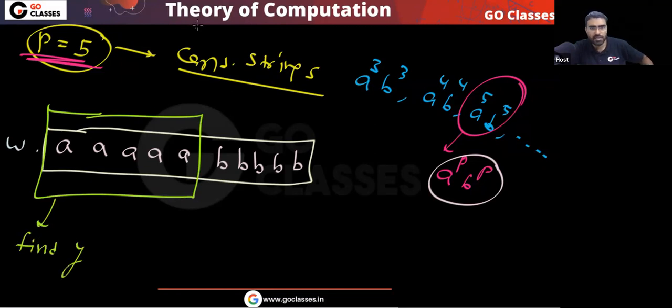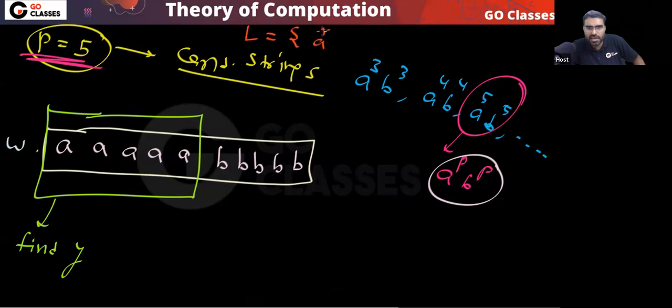Now something interesting. The given language has number of a equal to number of b. Agree with me? The given language is a power n, b power n, which means number of a is equal to number of b.